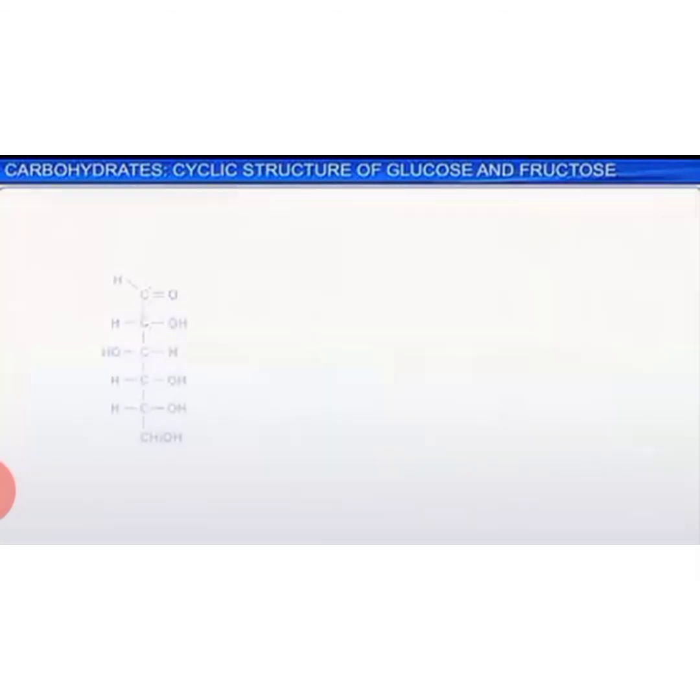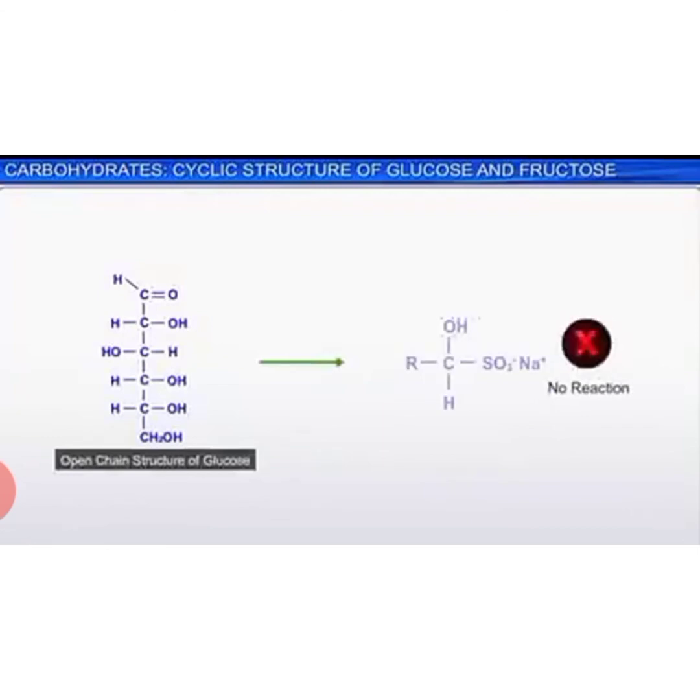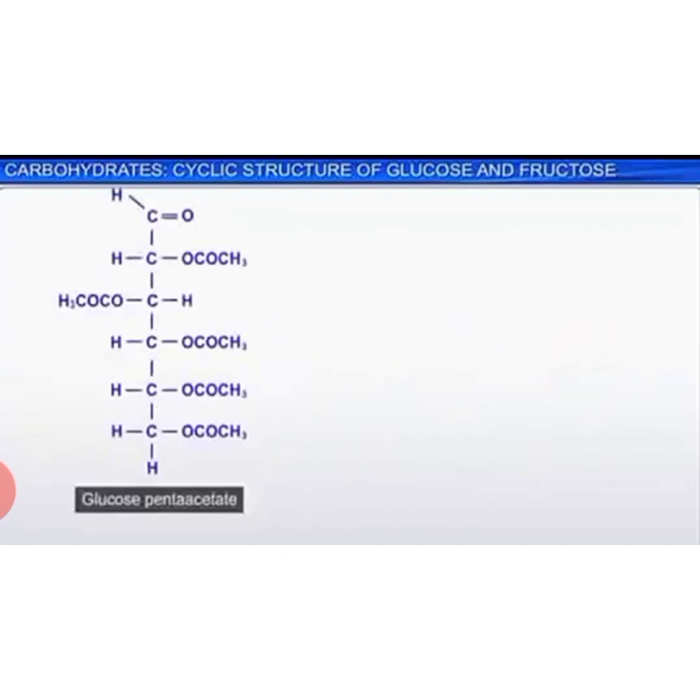Additionally, glucose does not form the hydrogen sulfide addition product when it reacts with sodium hydrogen sulfide. Also, the pentaacetate derivative of glucose does not react with hydroxylamine. This further suggests that there is no free CHO group in glucose.